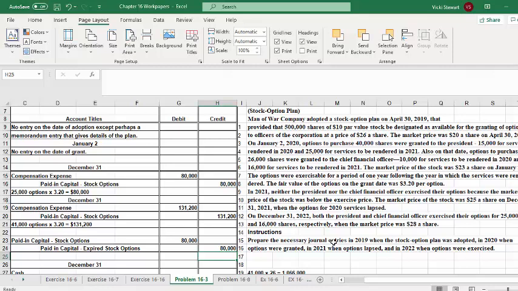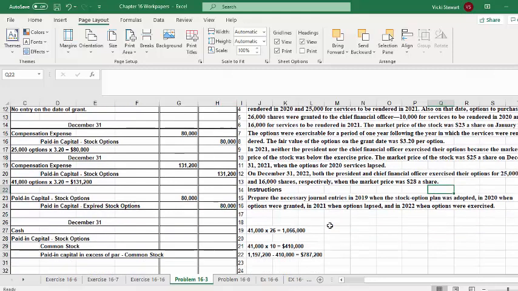Now it goes on to state in the problem that on December 31st, 2022, both the president and the chief financial officer exercised their options for the 25,000 and 16,000 shares respectively, because at that time the market price was $28 a share, so it makes sense to exercise the options.